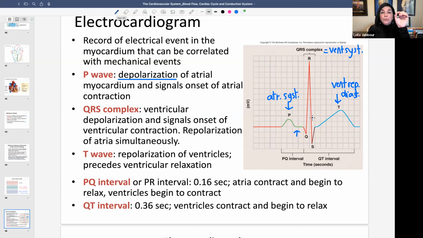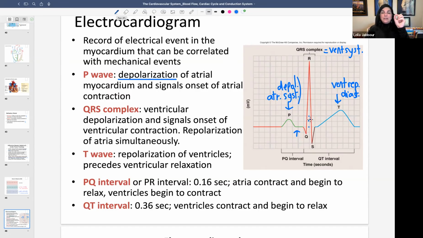So whatever bump we would be able to see for atrial repolarization, right, this was depolarization right here, for atrial repolarization, whatever bump that would be is actually buried in here.